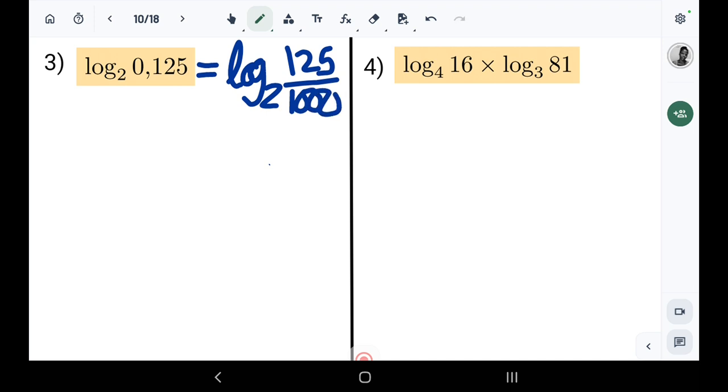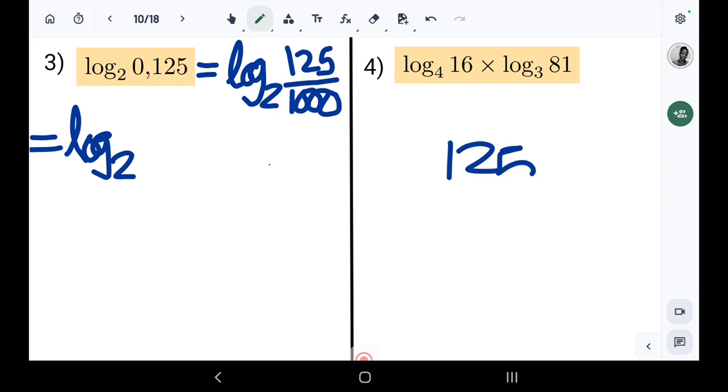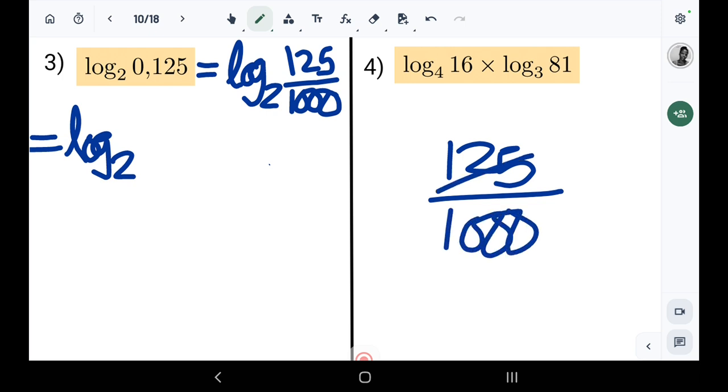If you simplify, 125 goes once into 125 and into 1,000. 1,000 divided by 125 equals 8. So that is 1 over 8.